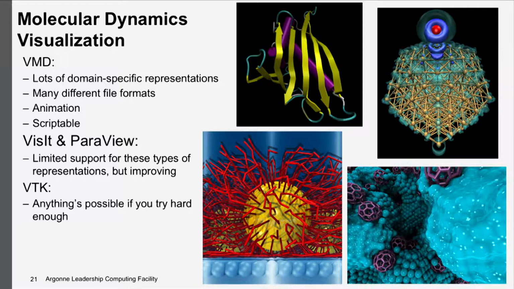VMD, for example, is designed for doing molecular dynamics type visualizations, and it has a lot of domain-specific types of representations. Again, it supports many different file formats and has animation and scripting capabilities.